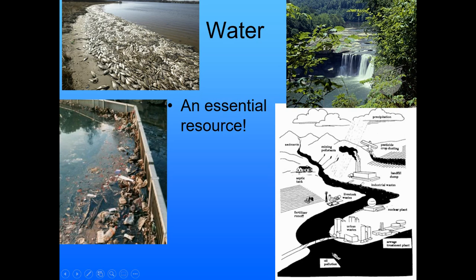We do it through agriculture. We do it through our waste. We do it through industries. And there's different types of pollution that you can create, all of which is harmful to the creatures who call the water home, and eventually to us.